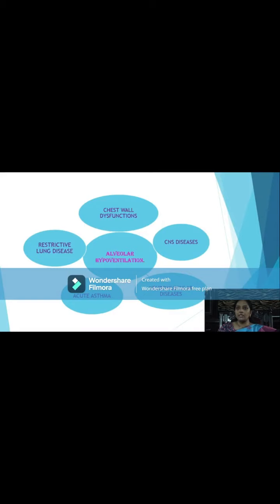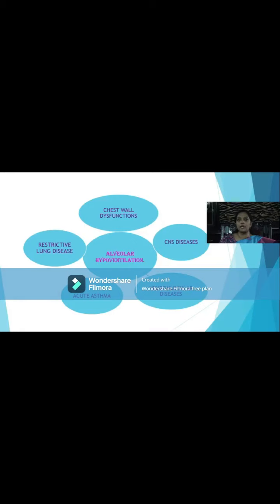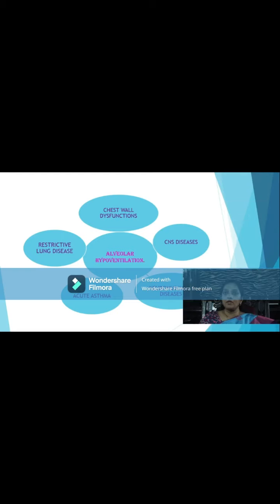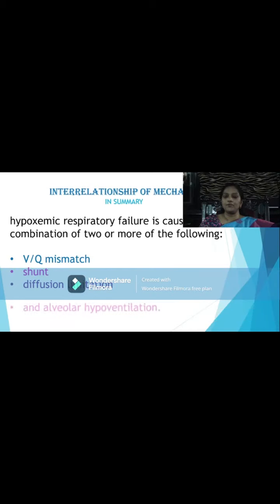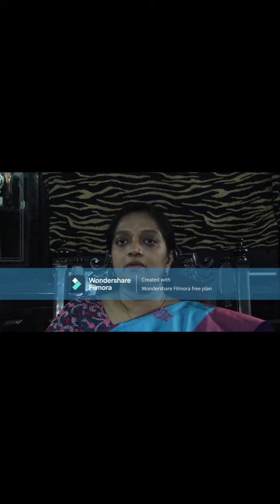Alveolar hypoventilation may be the result of restrictive lung diseases, central nervous system diseases, chest wall dysfunction, acute asthma, or neuromuscular diseases. Hypoxemic respiratory failure is caused by a combination of two or more of the following: V/Q mismatch, shunt, diffusion limitation, and alveolar hypoventilation.